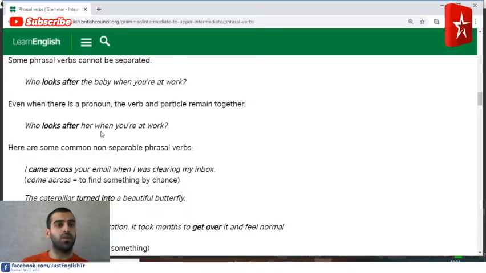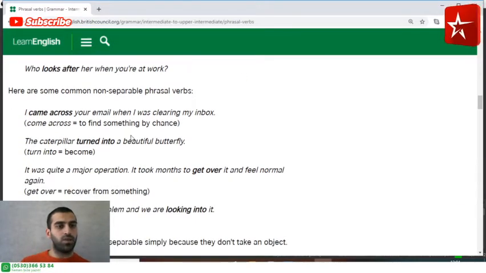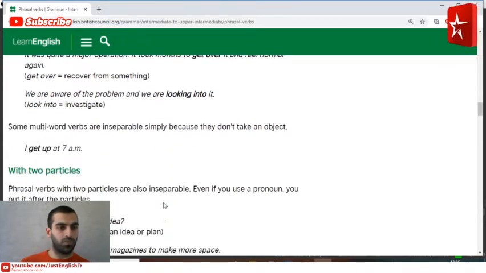For example, who looks after her when you are at work? It means the particle and the verb remain together. And here you can see some examples from the screen: come across, turn into, get over, look into. They are inseparable phrasal verbs in English.